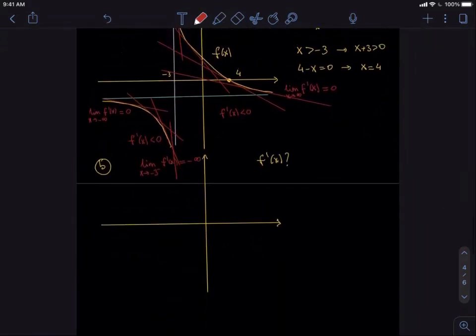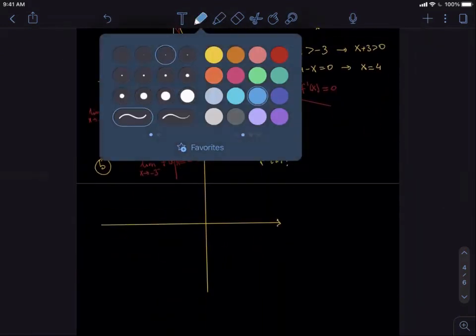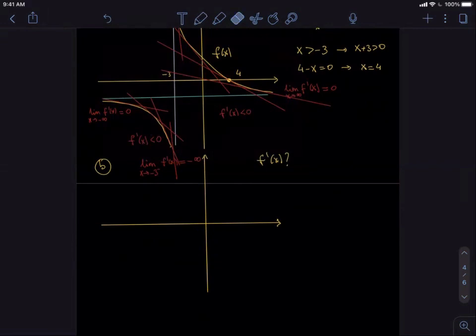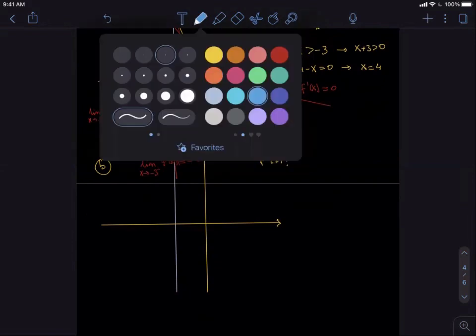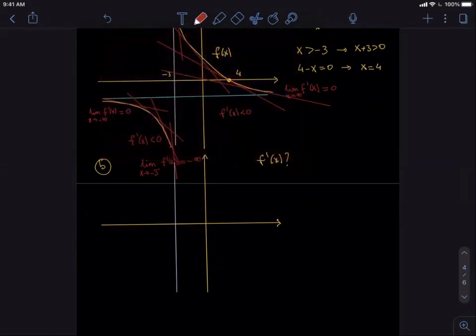With this information, let's copy this referential. There we go. So we have a negative function. Okay, so it's going to be living on the bottom half of this graph.